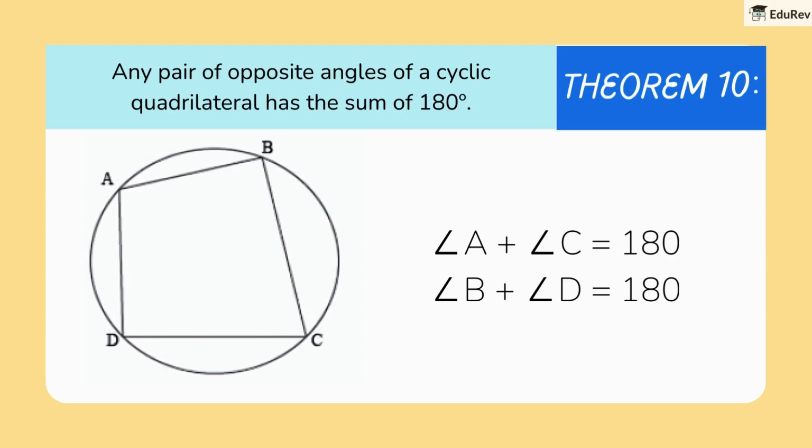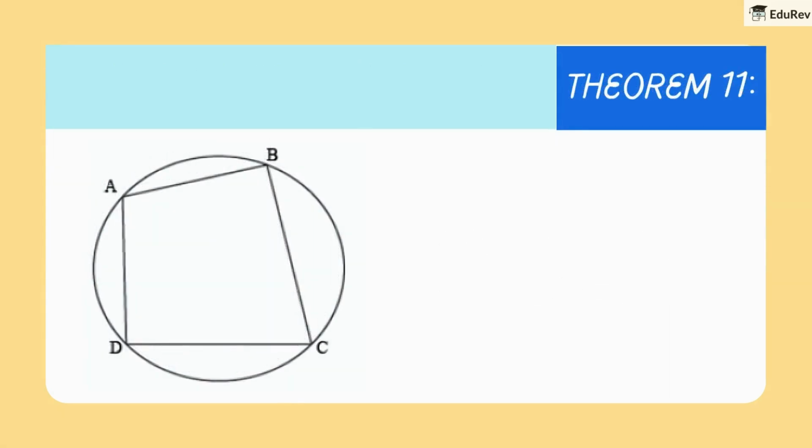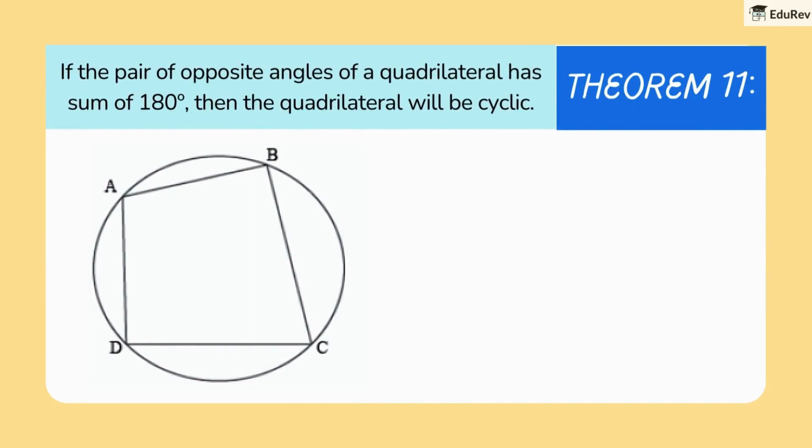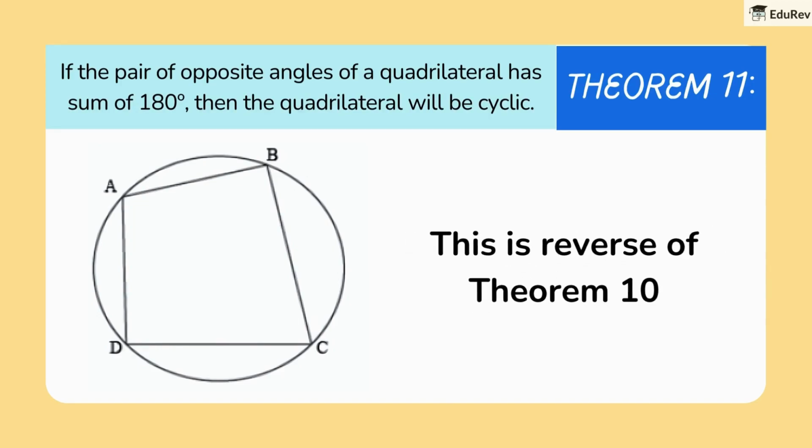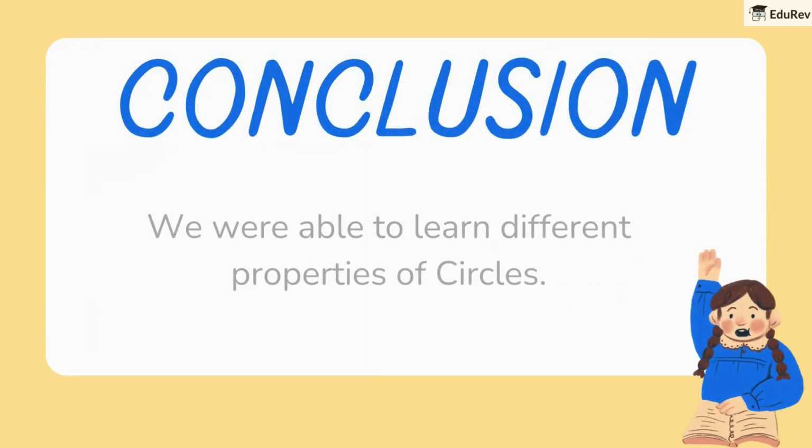Angle B plus angle D equals 180 degrees. Theorem 11. If the pair of opposite angles of a quadrilateral has a sum of 180 degrees, then the quadrilateral will be cyclic. This is the reverse of Theorem 10. Conclusion. We were able to learn different properties of circles.